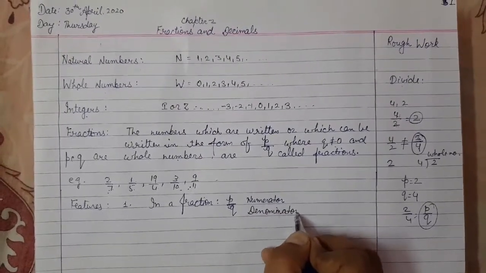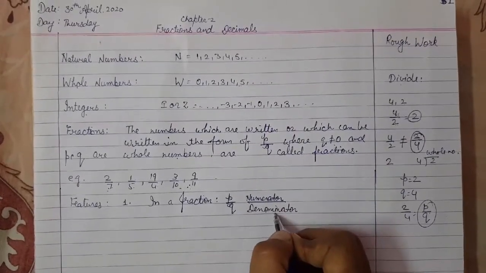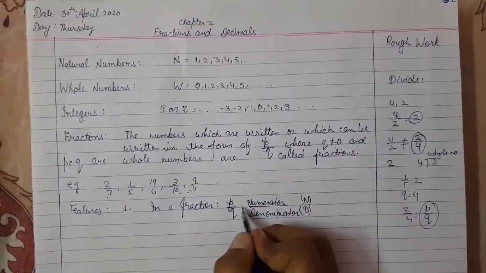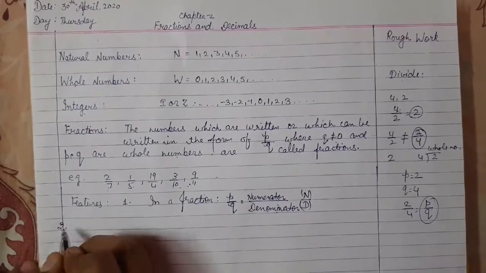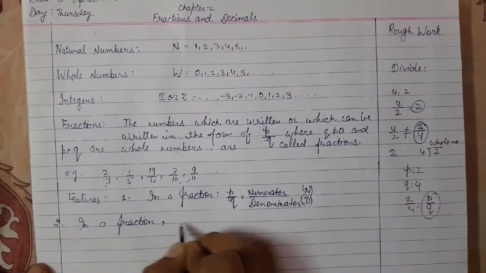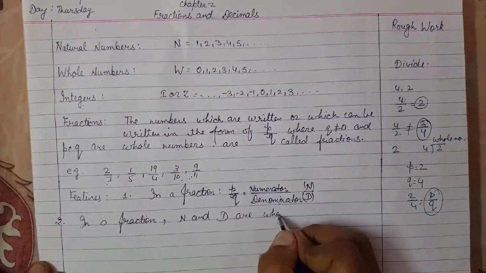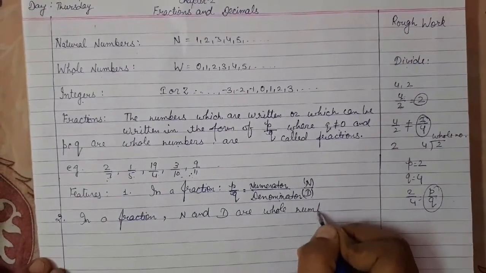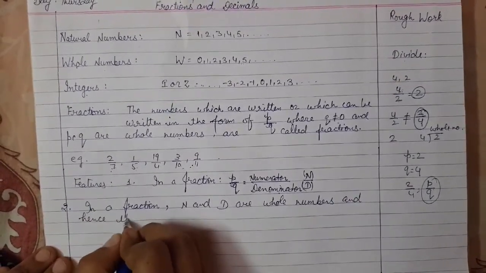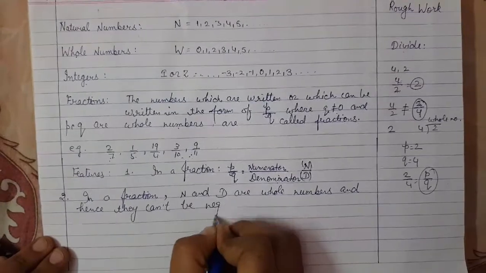From now, these dividend and divisor will be called numerator and denominator in the fraction, and in short we write them as n and d. The second feature is, in a fraction, numerator and denominator are whole numbers, and hence they can't be negative.